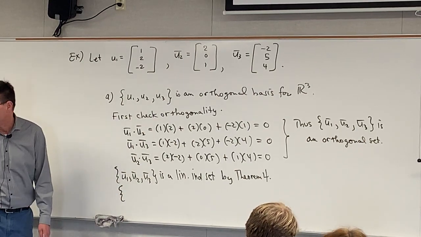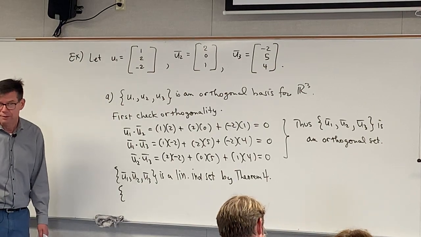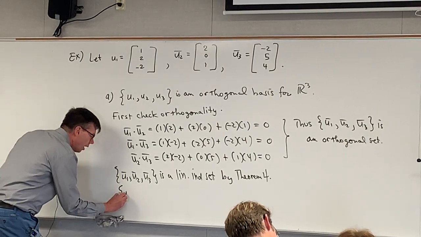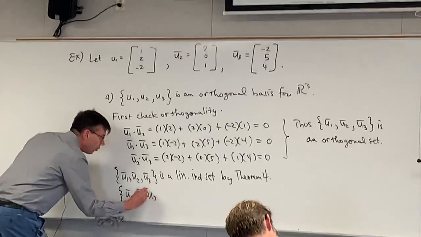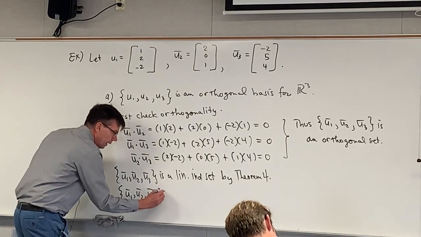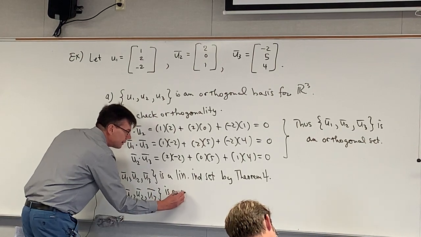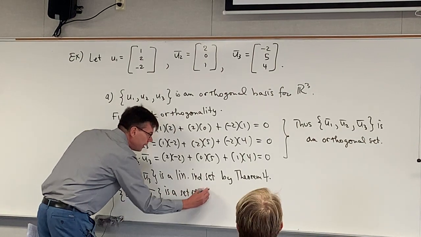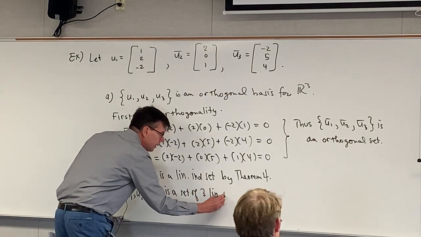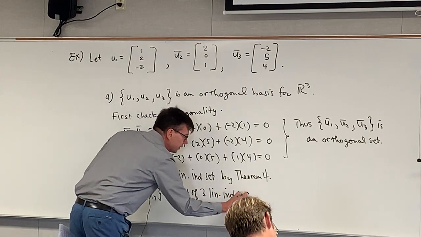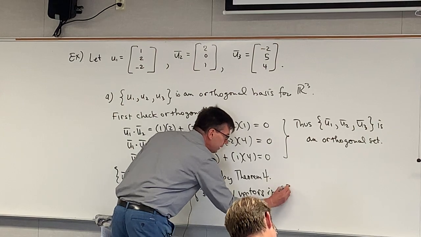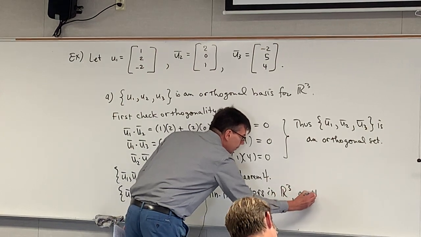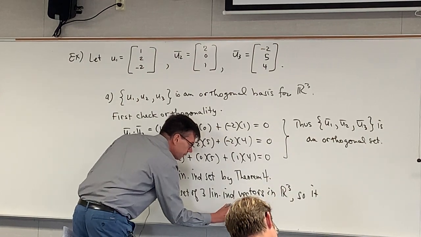It's got to be a basis. Any set of 3 linearly independent vectors in R3 is a basis. So u1, u2, u3 is a set of 3 linearly independent vectors in R3, so it must be a basis.